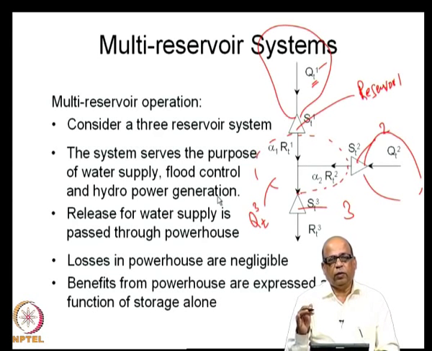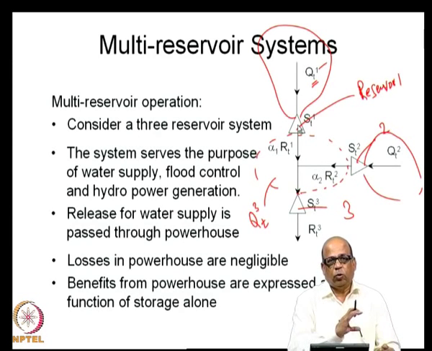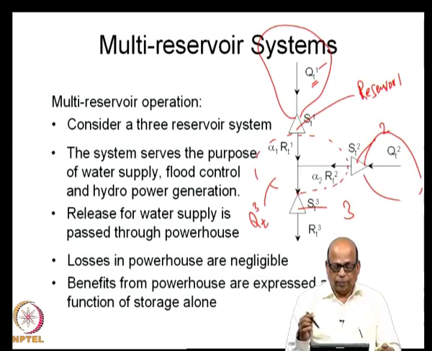That means, at each of the reservoirs you have water supply, let us say irrigation water supply, then you also have flood control, which means that during the flood season you may want to retain certain flood freeboard, so that you can absorb the flood waters, and you also have hydropower generation at each of the reservoirs, and therefore, the individual reservoirs have their own purposes to meet. In addition, they should meet the total system's objectives.